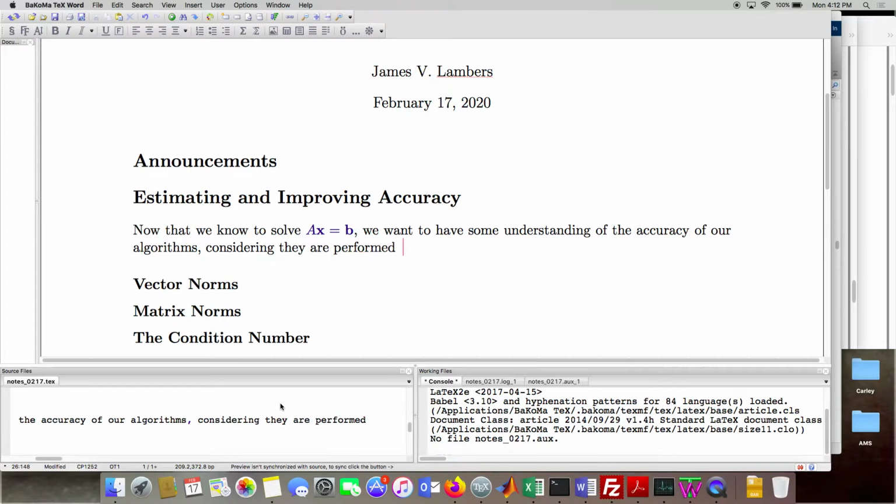The algorithms as carried out on paper would be exact, but we have floating point arithmetic to contend with. So each operation is going to introduce some error, so we want to have an understanding of how large that rounding error can be.